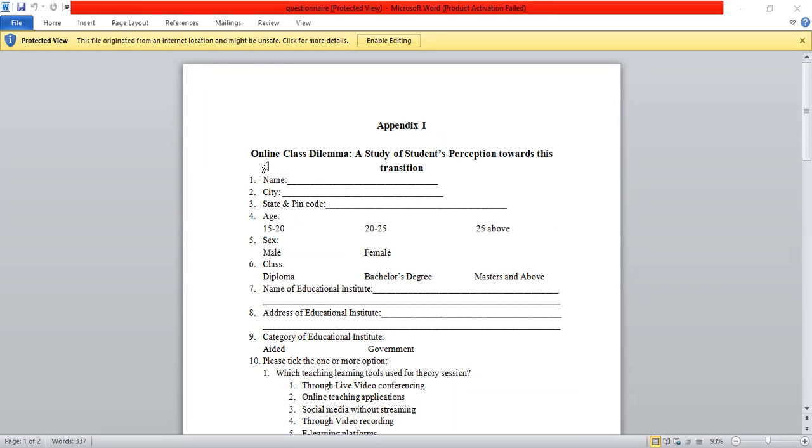All these questions are related to descriptive statistics. All these questions in this particular questionnaire are related to descriptive statistics only.